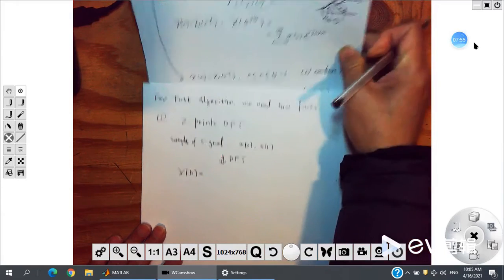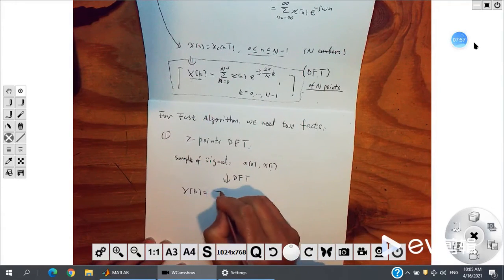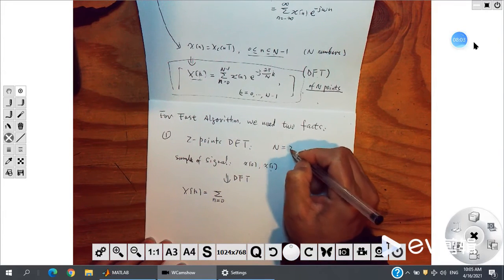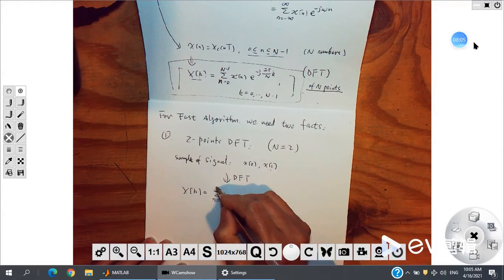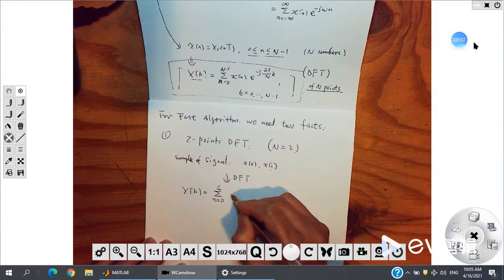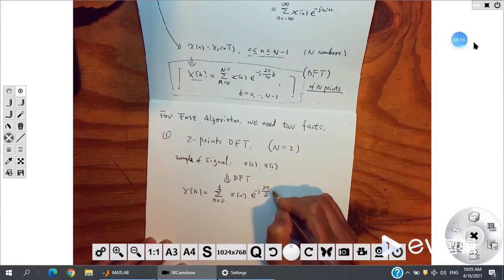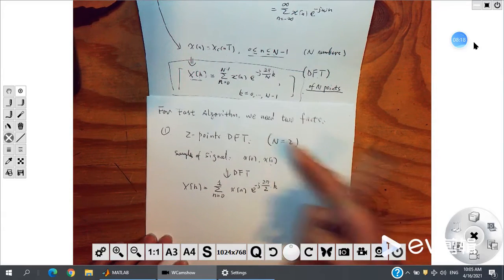I just copied the formula, right? Now it is the summation with n running from 0 to capital N minus 1. Now capital N is 2, so here 2 minus 1 is 1. And x of n times e to the negative j 2 pi over N, where capital N is 2, times kn. I lost n here, I'm sorry. This is exactly that one.